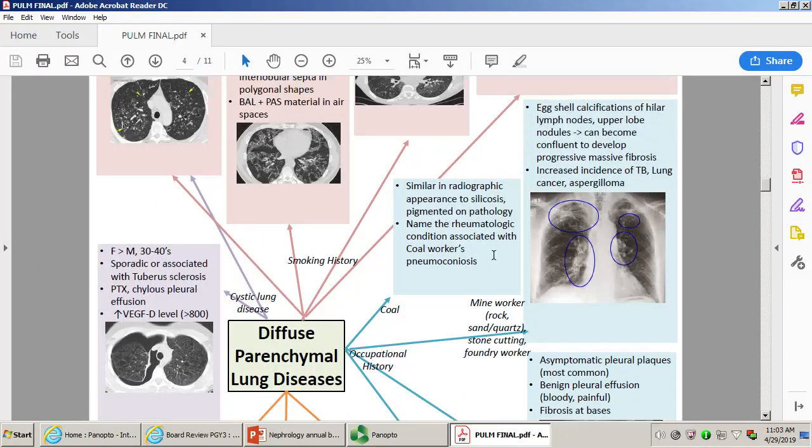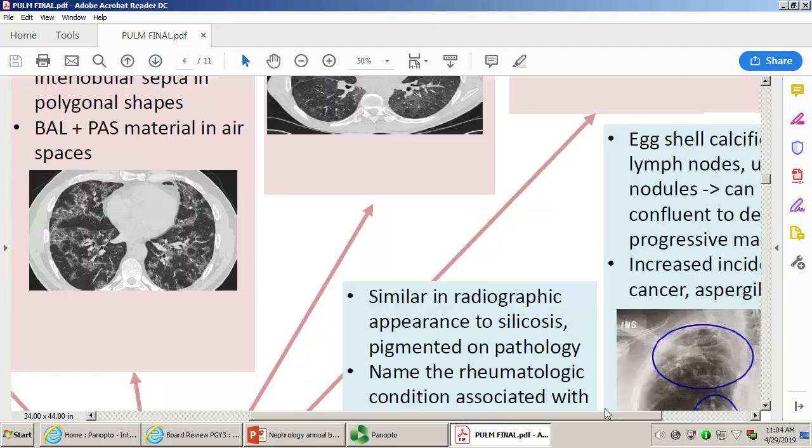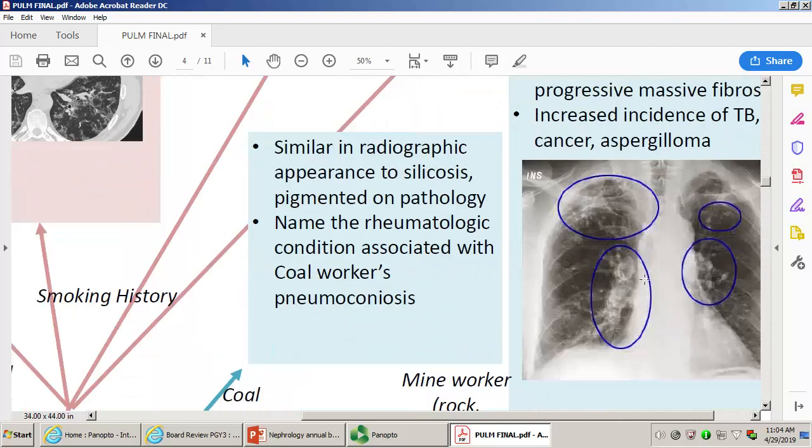Somebody's giving you a rock worker, quartz, stone cutting: silicosis, right? You can see these eggshell calcifications like you see here in this picture. See the egg? It's like Easter.